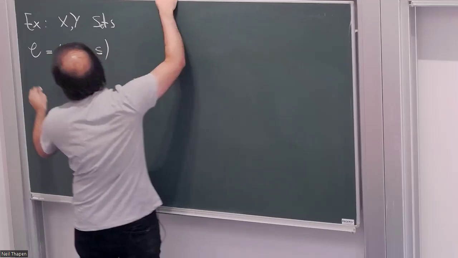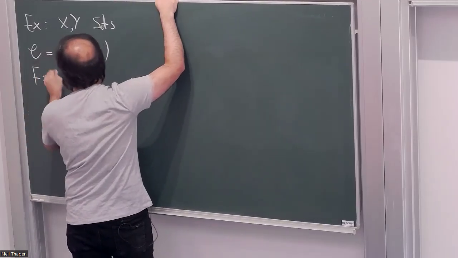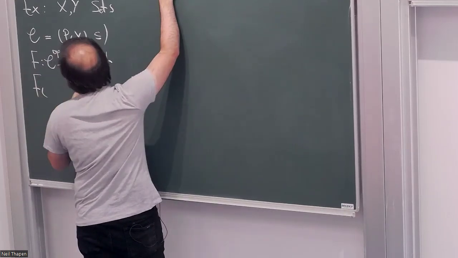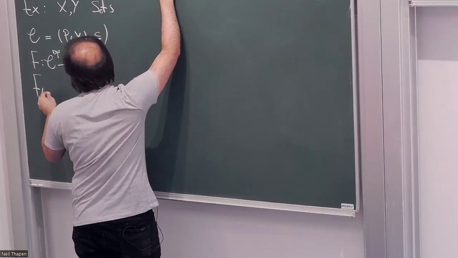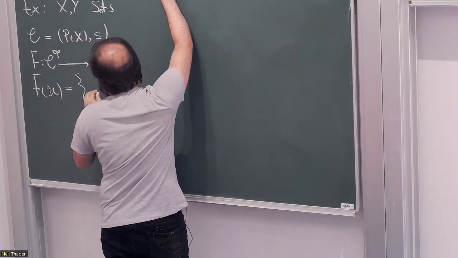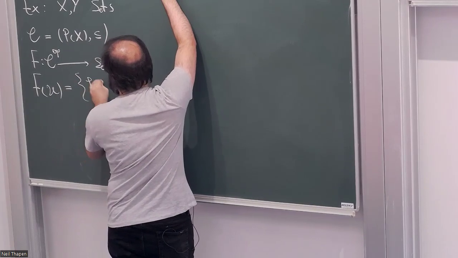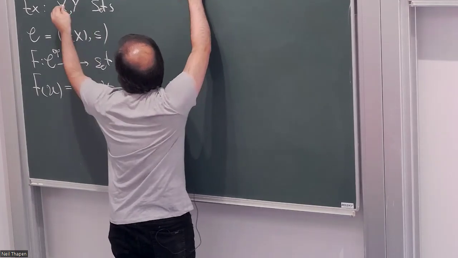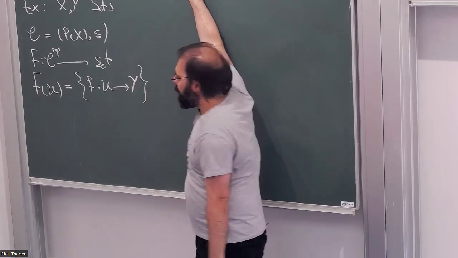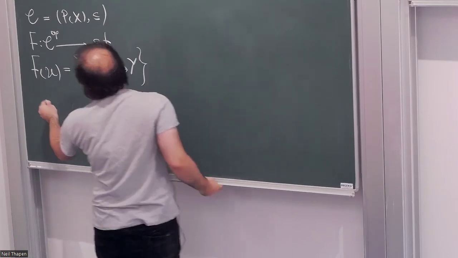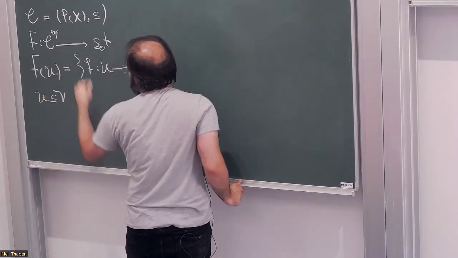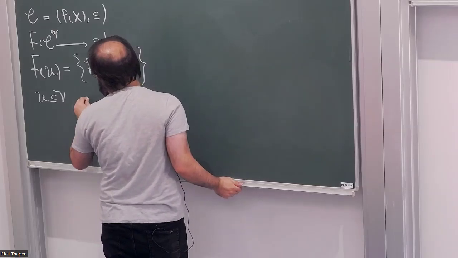Then pick this F from C opposite to Set. It reads some subset U, and then you have all functions from U to Y, the second set, right? And if U is a subset of V, then I have to say what happens.